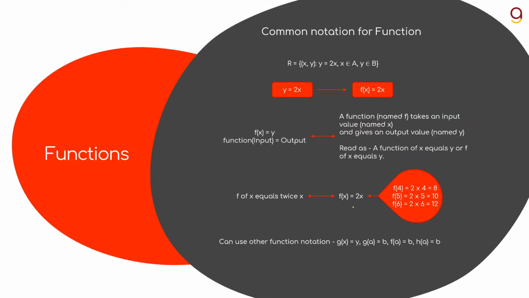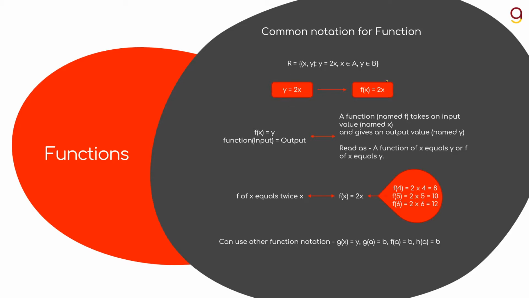Now, let's talk briefly about some common function notation. So far, we have been writing a function like this, y is equal to 2x. But we will often see the same exact function written like this, f(x) is equal to twice x instead. But why? Why did the variable y get replaced by f parenthesis x?